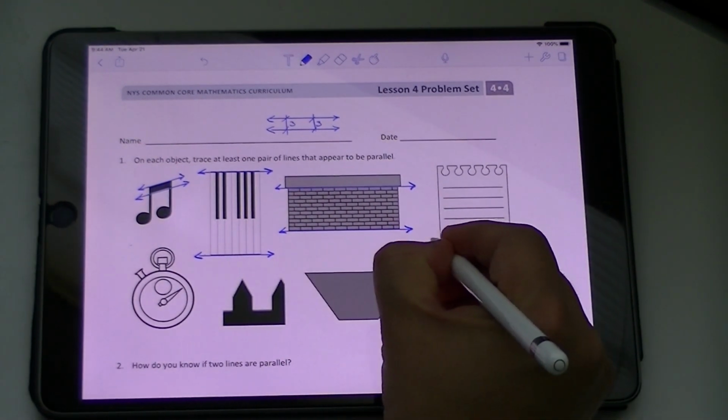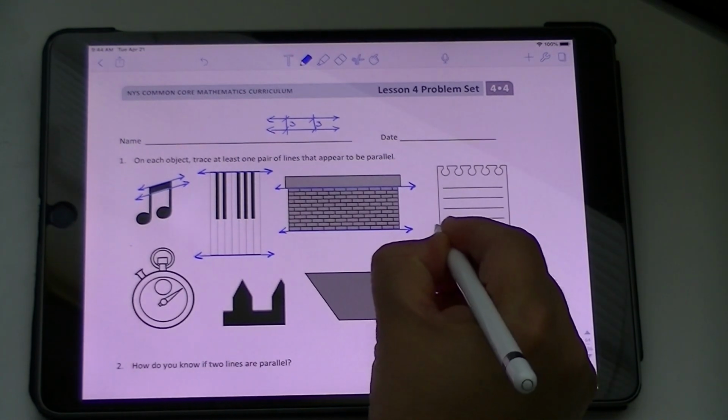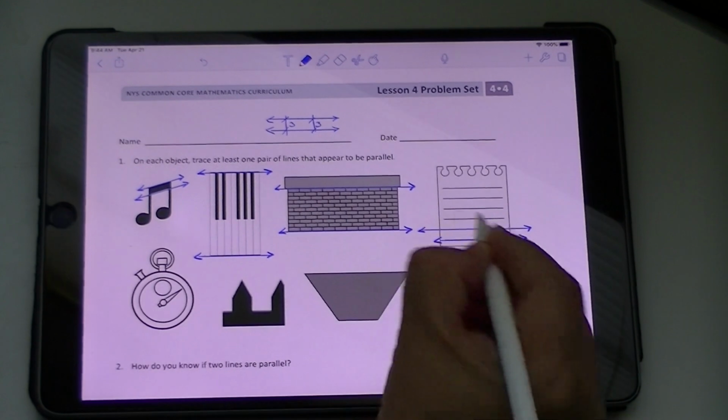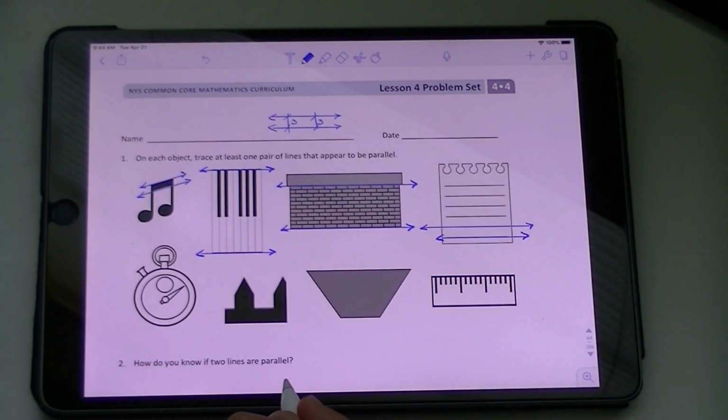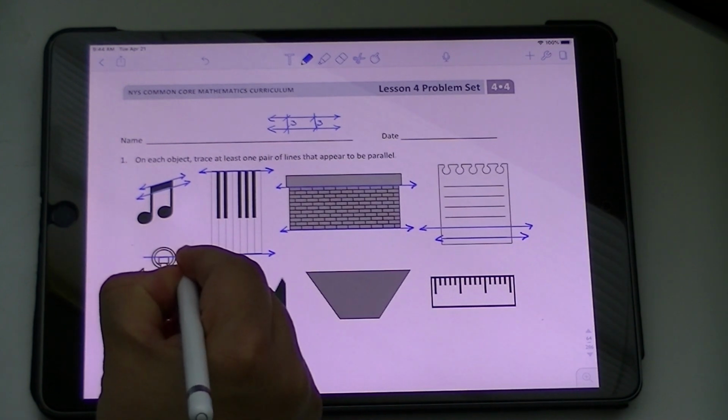The notebook page, on the clock. This is tricky, but there's one here, or one set.